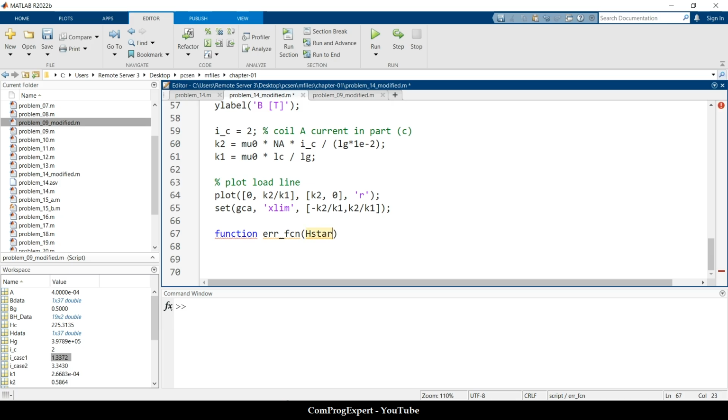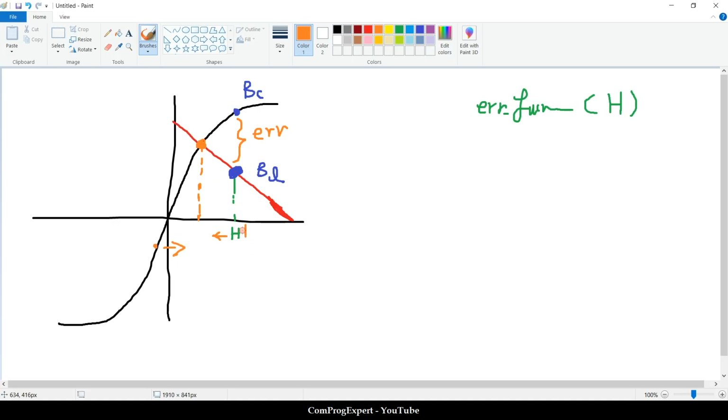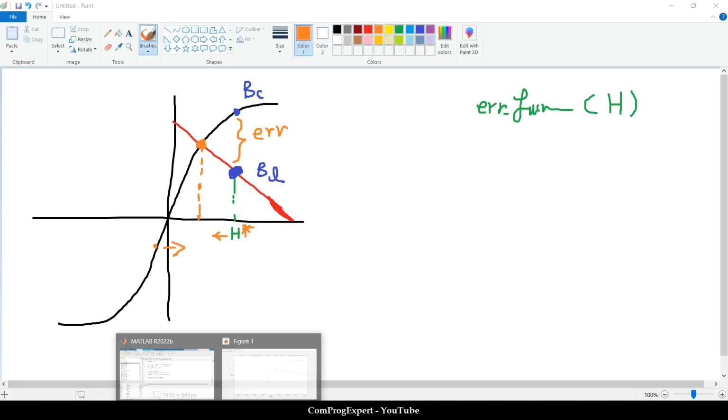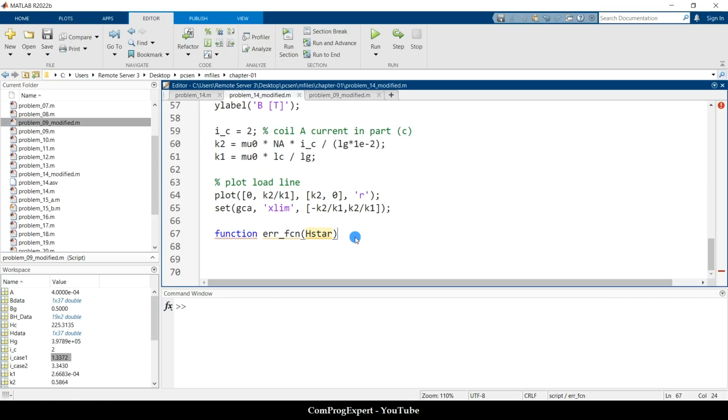Let's say H star, arbitrary value for H. And for this H star, we can calculate B L, the load flux density. B load is equal to, according to the equations that we had, minus K1 times H star plus K2.